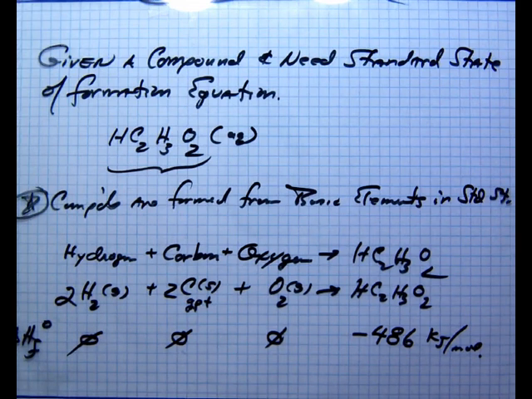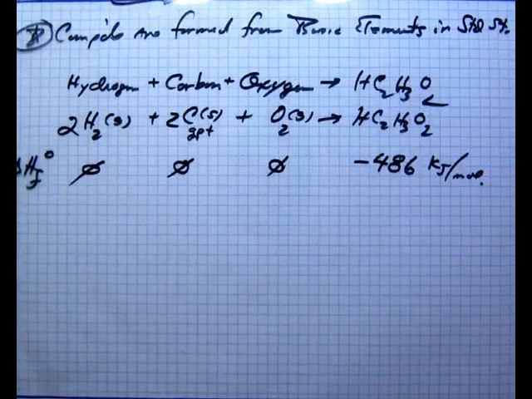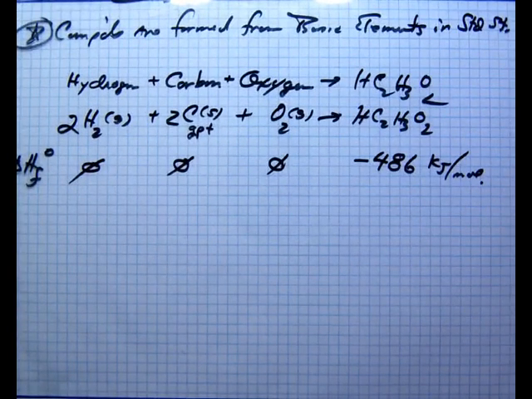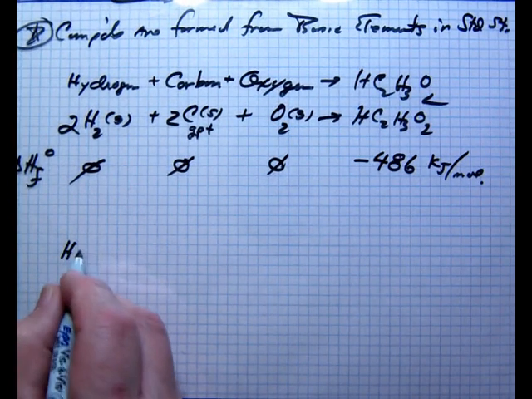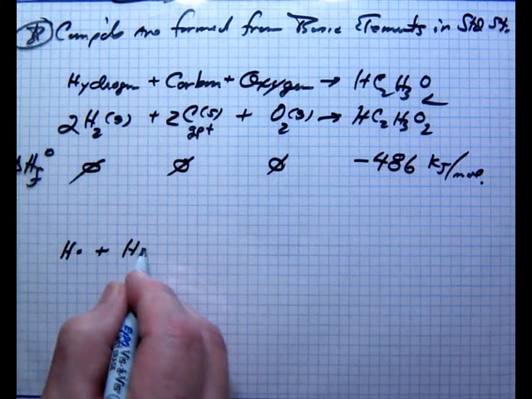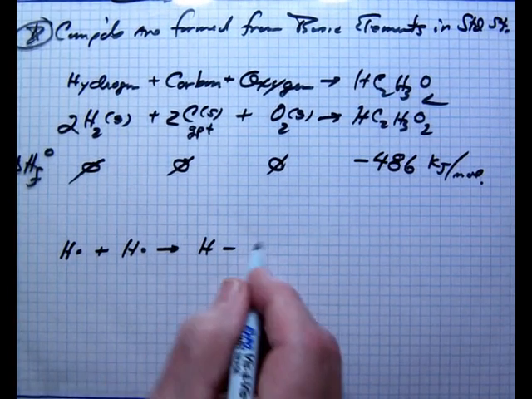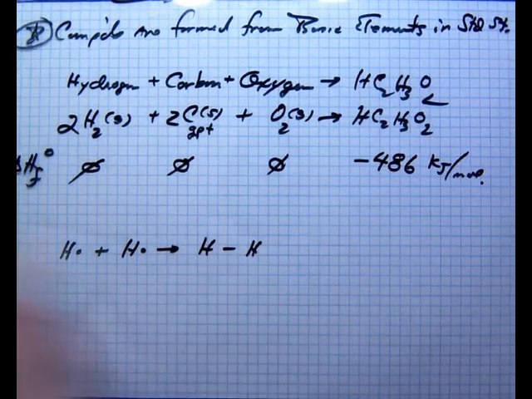You need to learn this right now: when elements come together to form a compound, they give up energy. If hydrogen reacts with hydrogen, you get hydrogen bonded to hydrogen. That's a chemical bond, 2 electrons.